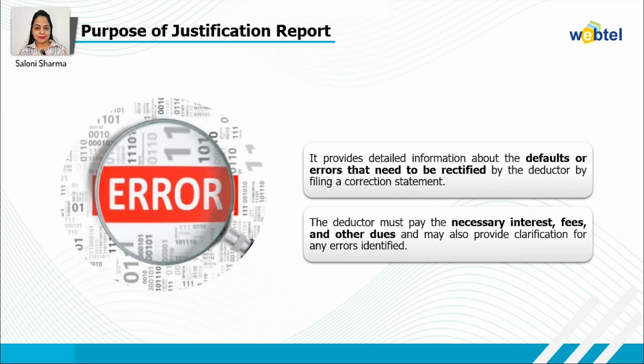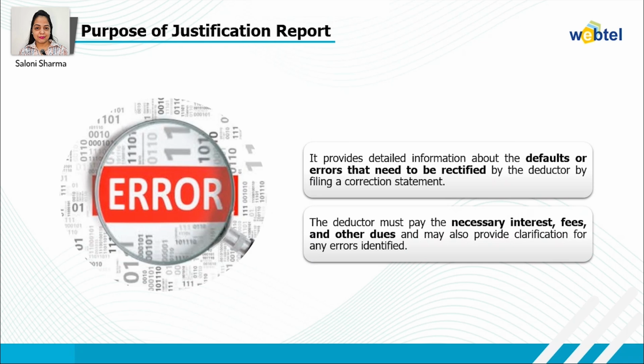Now let's look at the purpose of the justification report, as it provides detailed information about the defaults or errors that need to be rectified by the deductor for filing a correction statement, and the deductor must pay the necessary interest, fee or any other dues, and may also provide clarification for any errors that have been identified by the income tax department in the justification report.